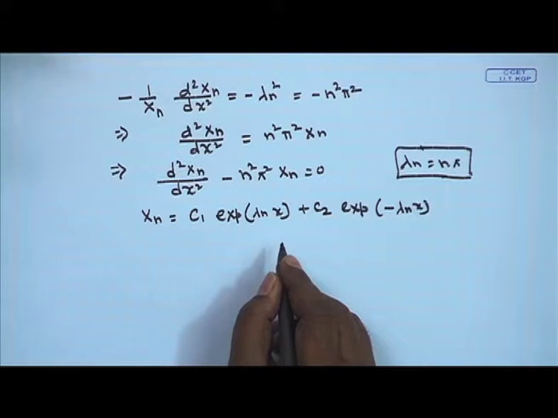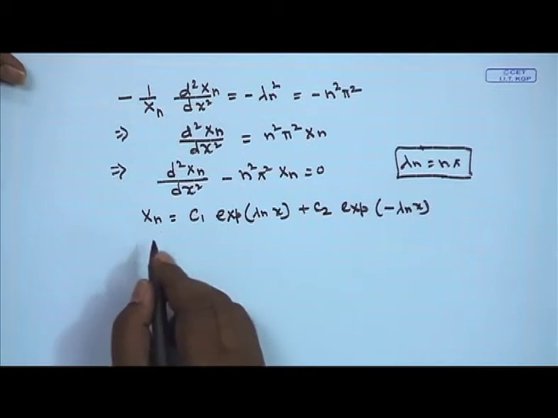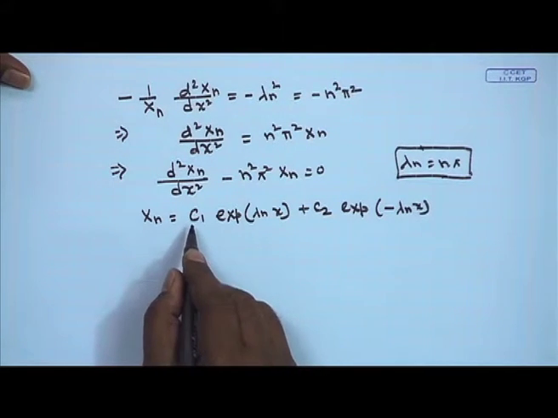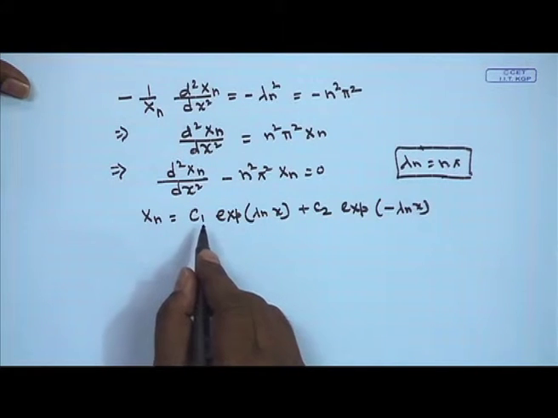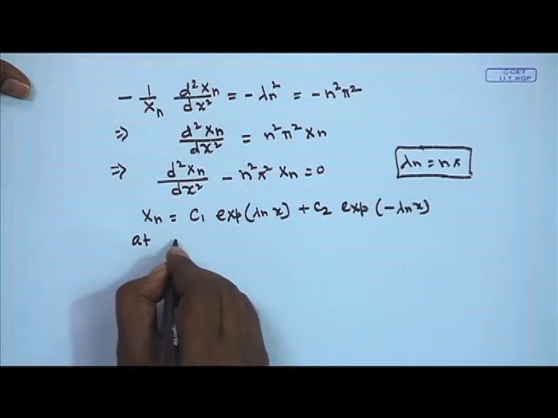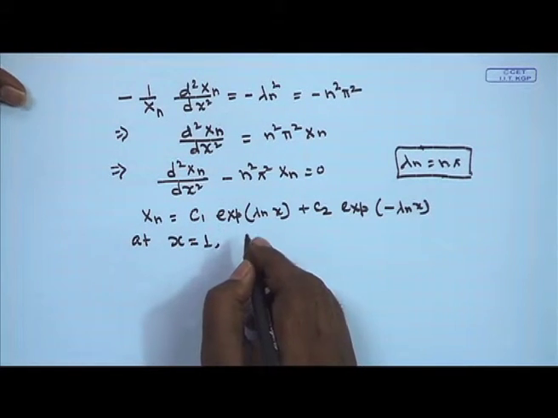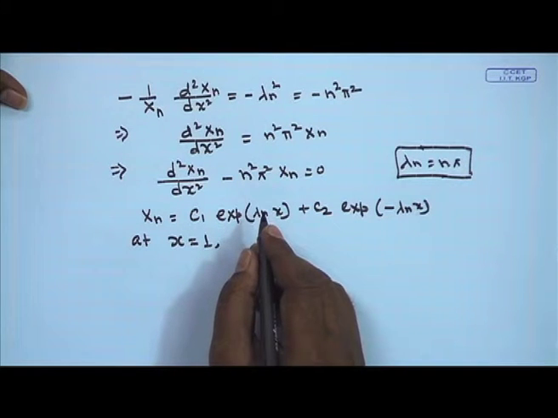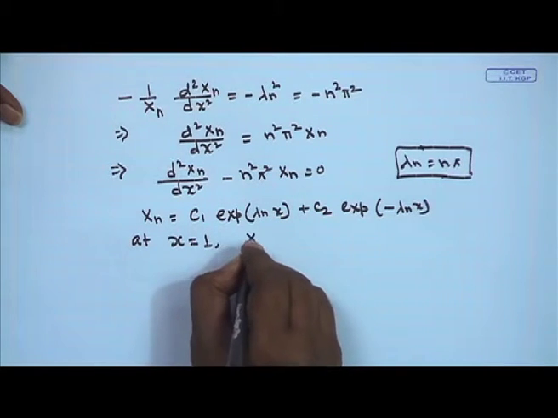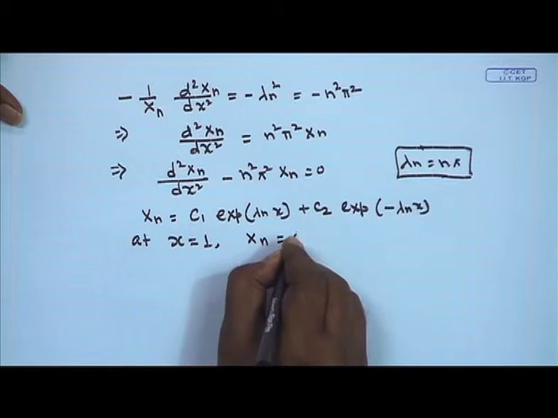Now, let us look into the governing equation, the boundary condition. The boundary condition of the x varying part must satisfy the boundary condition of the original problem. That means, at x is equal to 1, we had the homogeneous boundary condition, that is, at x is equal to 1, we had capital X n is equal to 0.